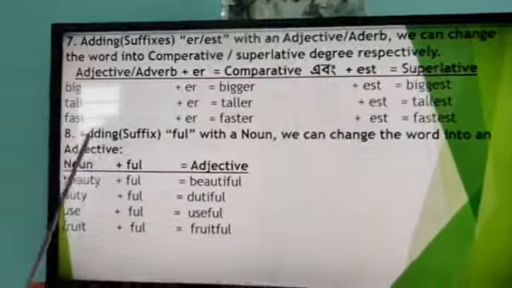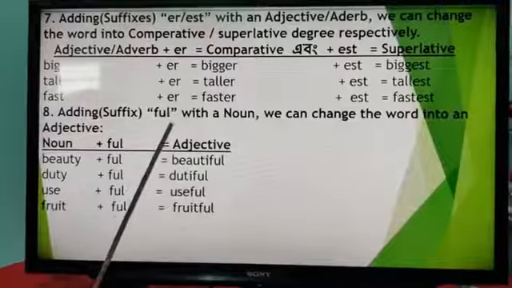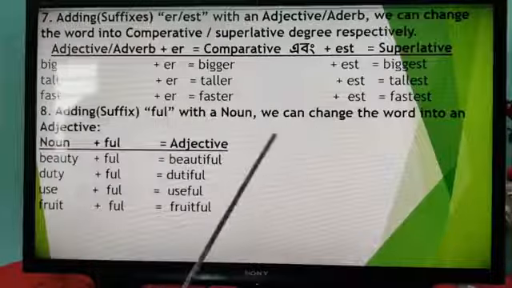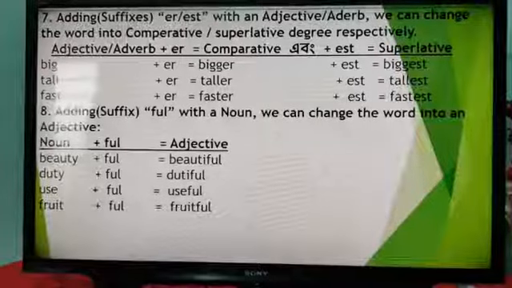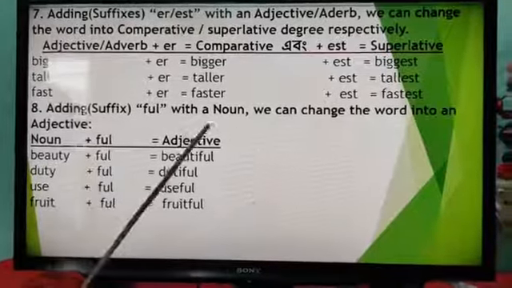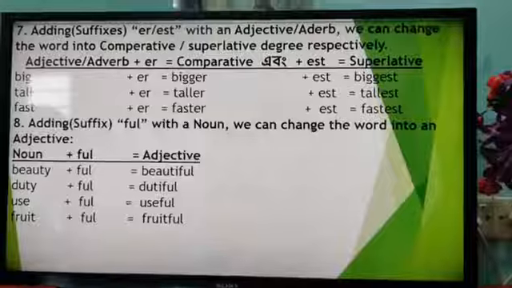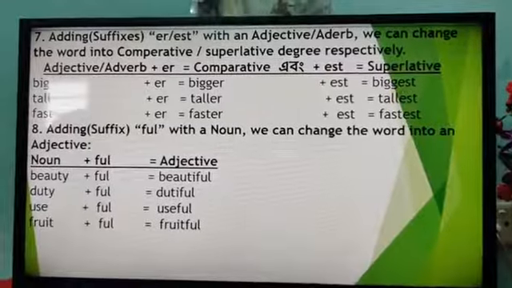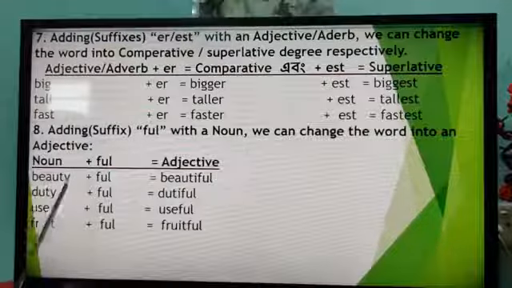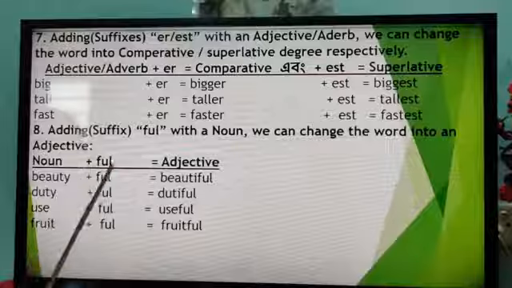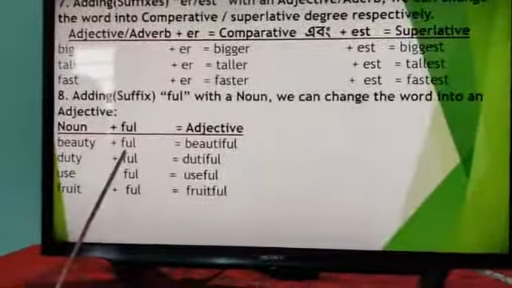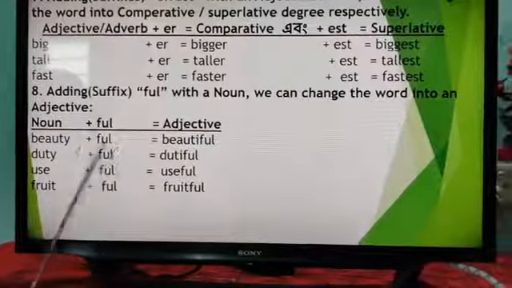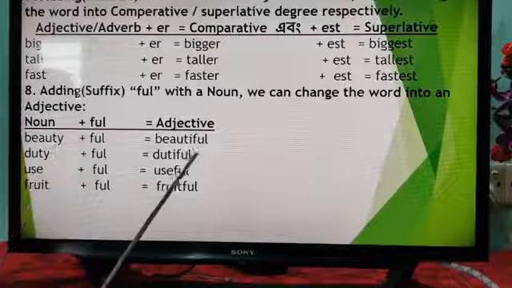Number 8. Adding suffix ful, that means full, with a noun, we can change the word into an adjective. Suppose beauty. Beauty is a noun, an abstract noun, and ful is added with this noun: beautiful.